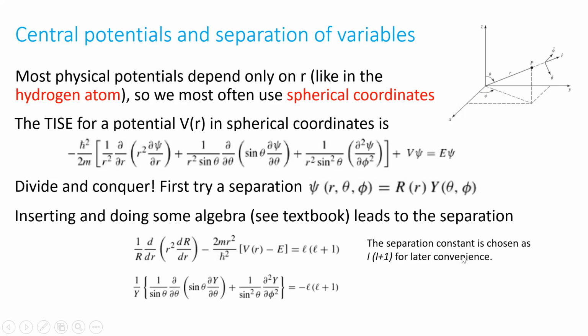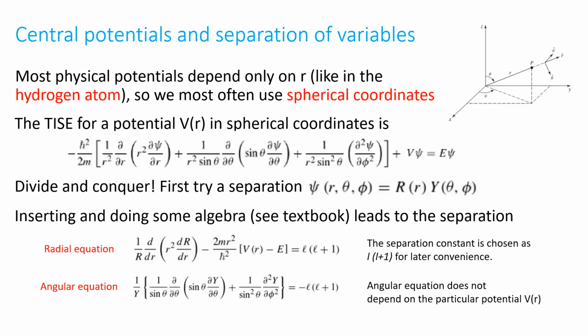It turns out to make some formulas that come out of the analysis of the hydrogen atom and central potentials look nicer. We don't just call it Q or some other single variable; we call it L times L plus 1. And so that's the radial equation. The angular equation looks like this when we separate, and it's equal to minus the separation constant.